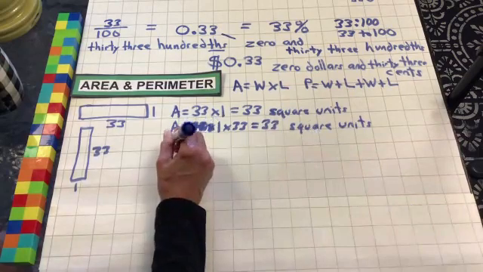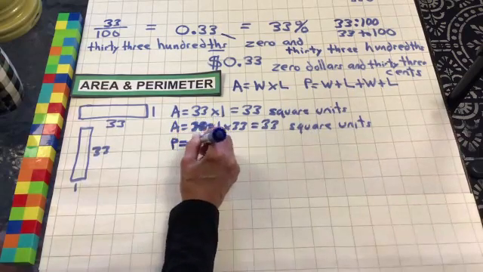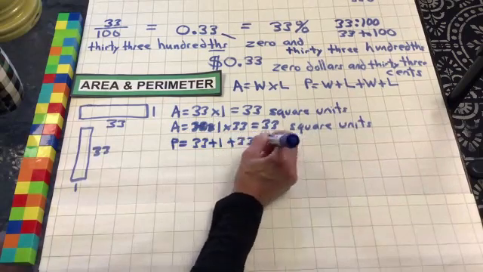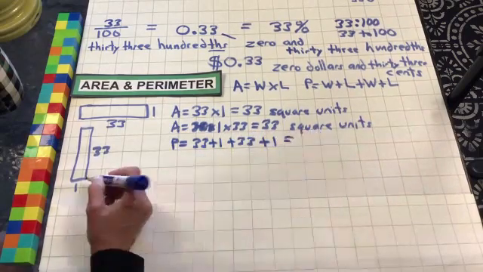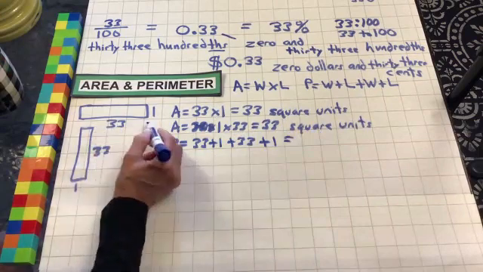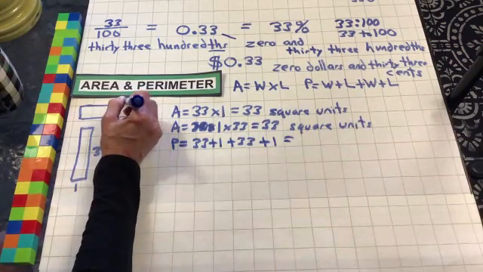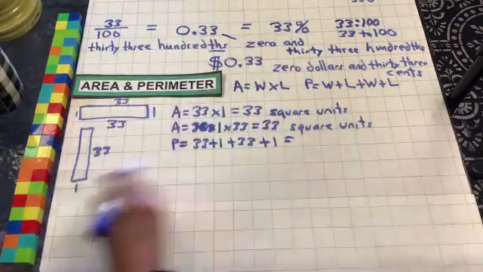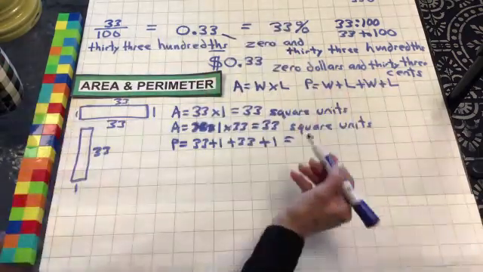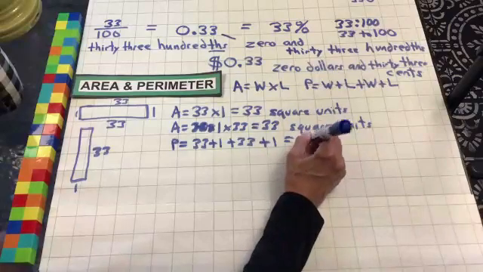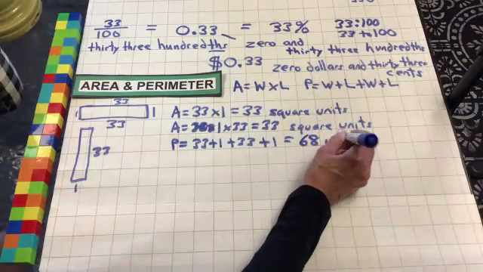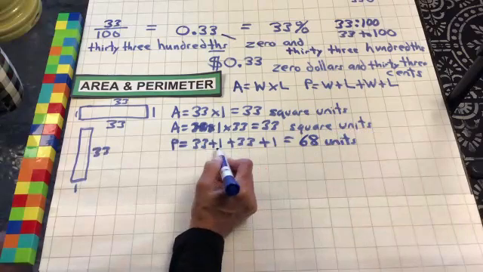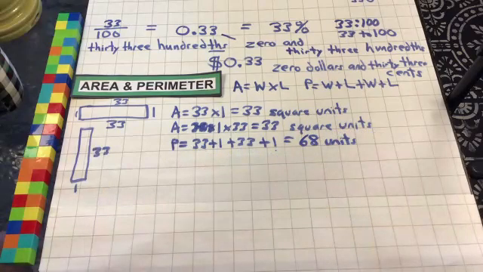All right, the perimeter of this would be 33 plus 1 plus 33 plus 1, so we're just adding up the sides. If we were to open that rectangle up and put it into a long line, it would be 68 units. So 33 and 33 is 66, 67, 68.